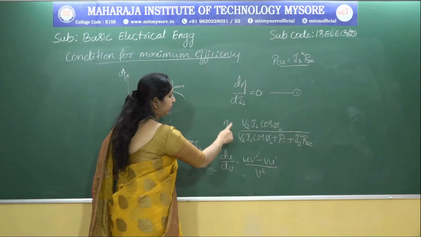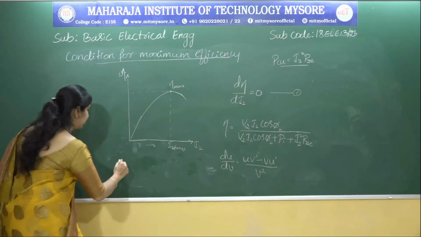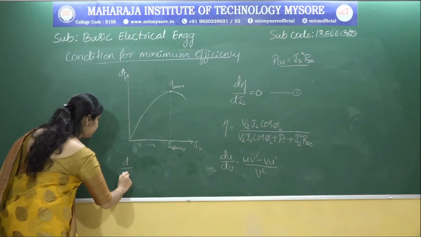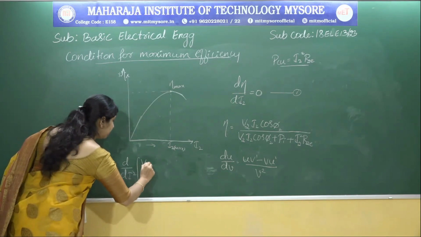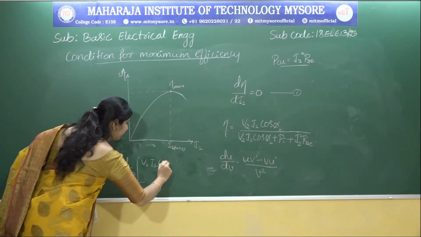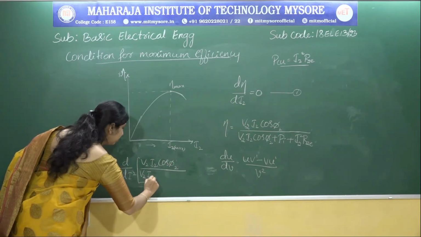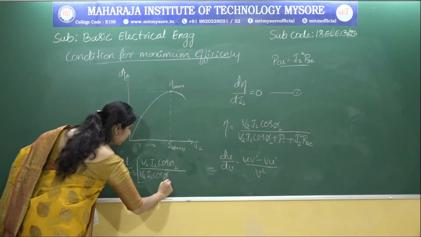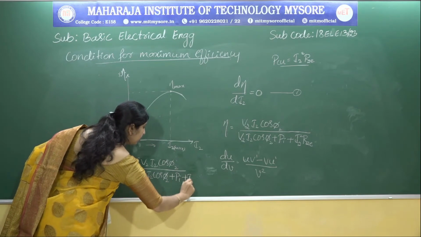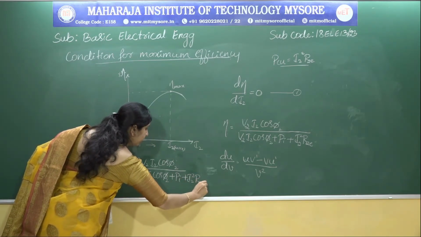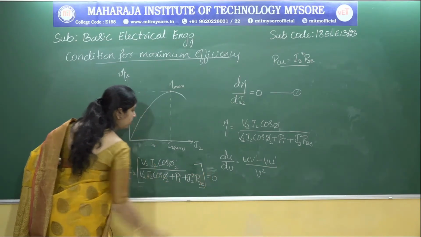Now I am simplifying the eta equation here. Differentiating with respect to I2, eta is V2 I2 cos phi 2 divided by V2 I2 cos phi 2 plus Pi plus I2 square into R2E, and this we equate to 0.